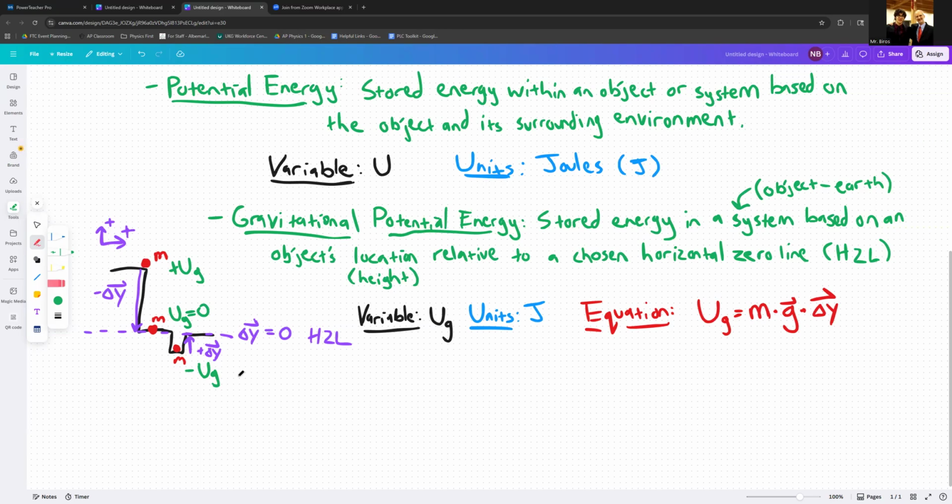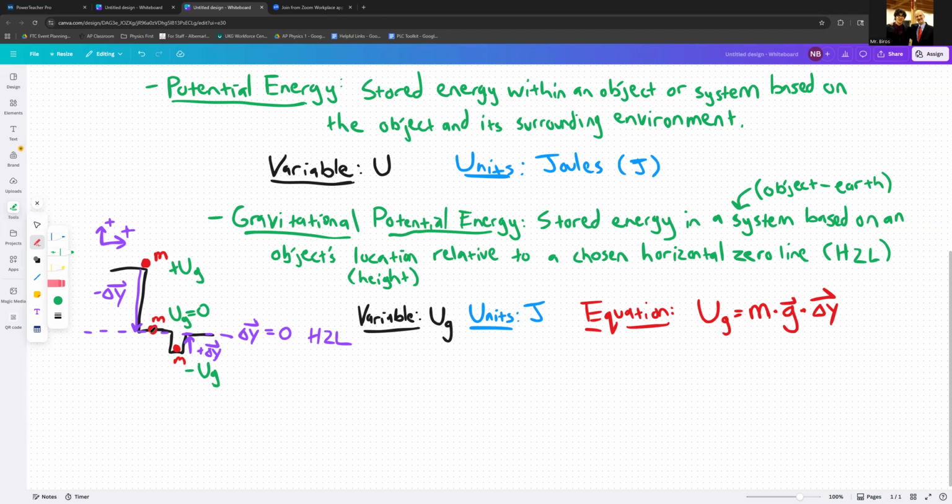So, again, running through them from first to last, we'd say this one has a potential due to the force of gravity. If it were dropped off or rolled off the cliff, it has the potential, because of the force of gravity, to move from here to the horizontal zero line to experience that change. For the one on the ground, there is no potential for it to do that. It's already at the horizontal zero line.